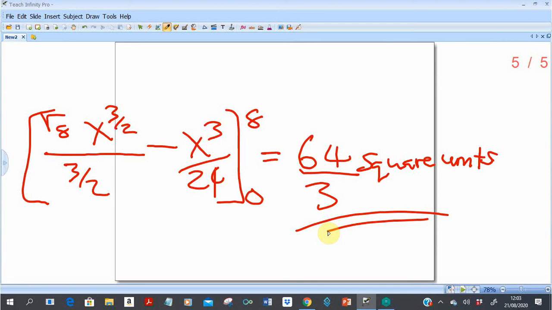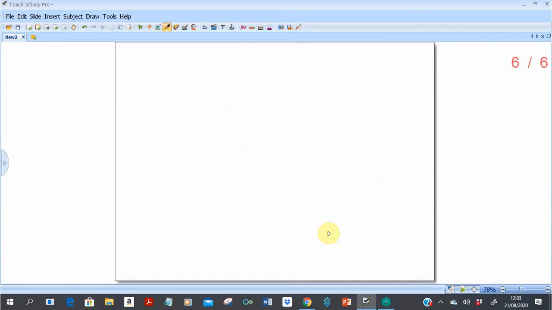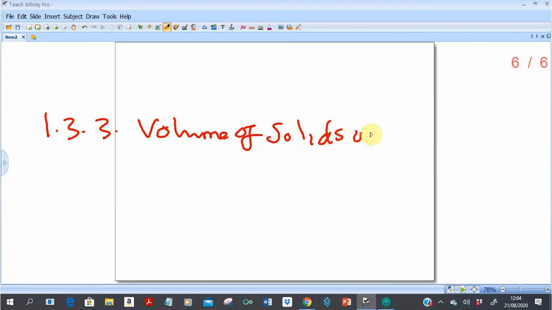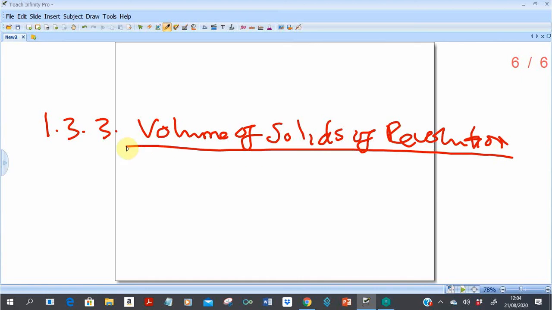Okay, so the next thing that we move to is volume. We can as well find volume using integration. Okay, so volume of a solid.